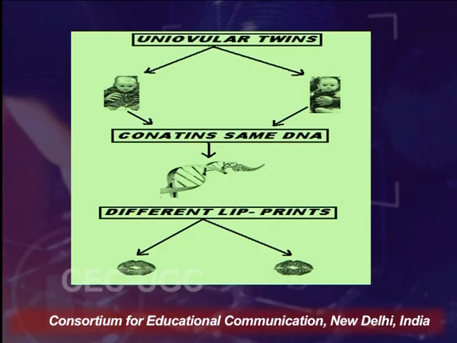So, for uniovular twins, if they contain the same DNA, they can be convicted for the same crime. If one person has committed a crime, the other monozygotic twin can be held for the same crime, but they have very different lip patterns.